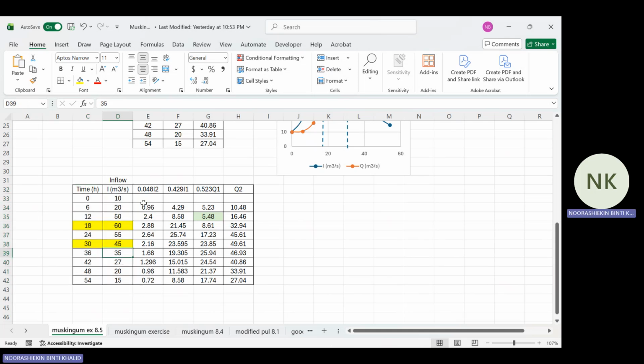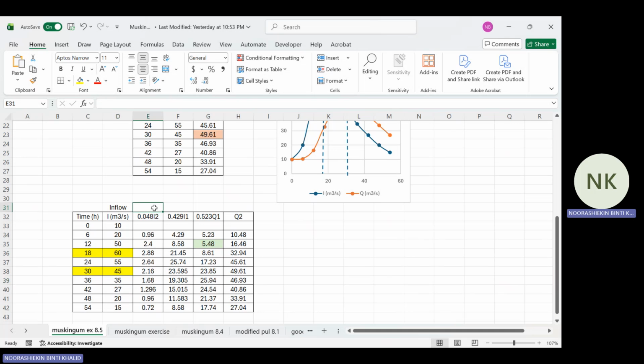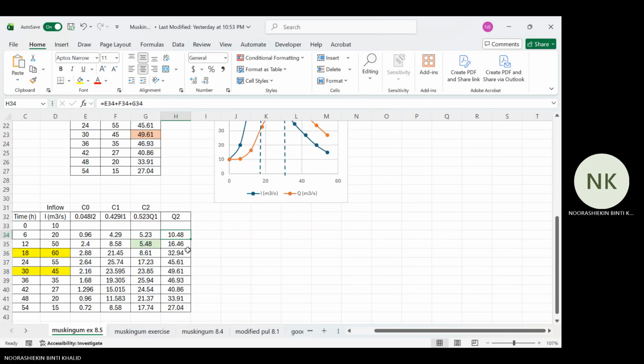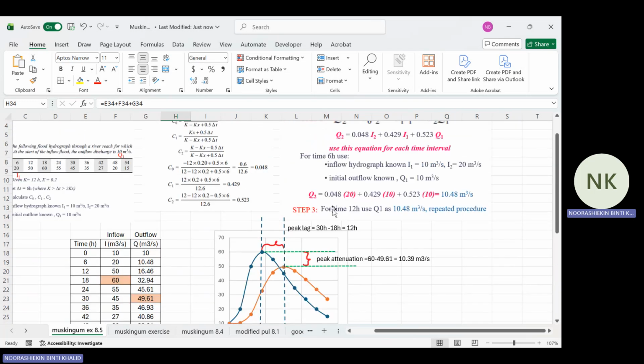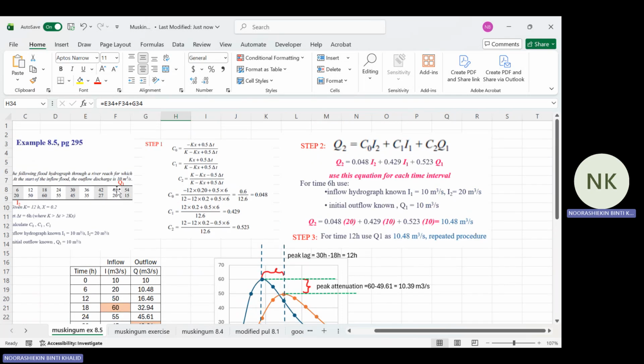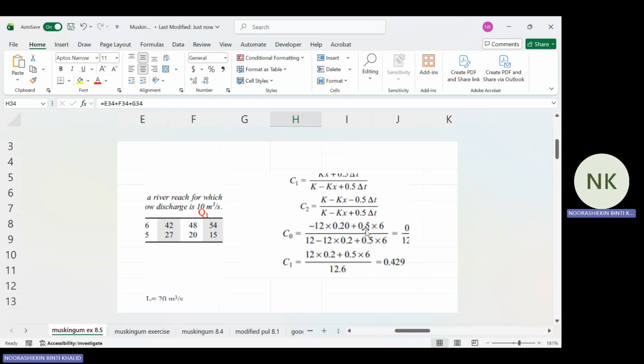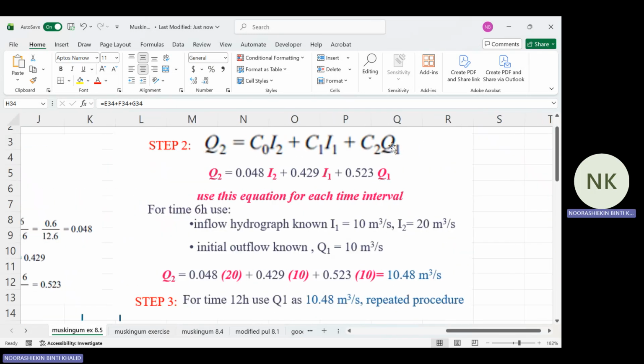Then I calculate C naught, C1, and C2. For Q2, starting with 10.48, this means that for the time of 12 hours, use Q1 as 10.48 in this equation. Starting from 10 meter cube per second here, we get Q2 10.48.